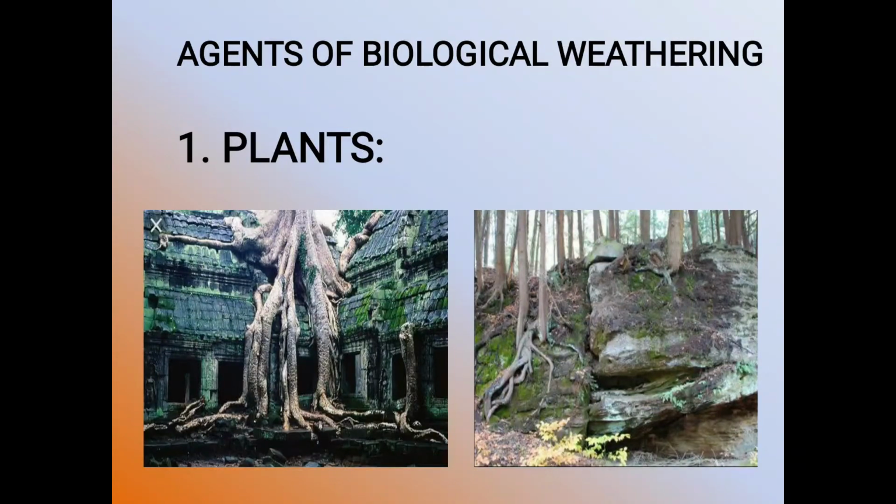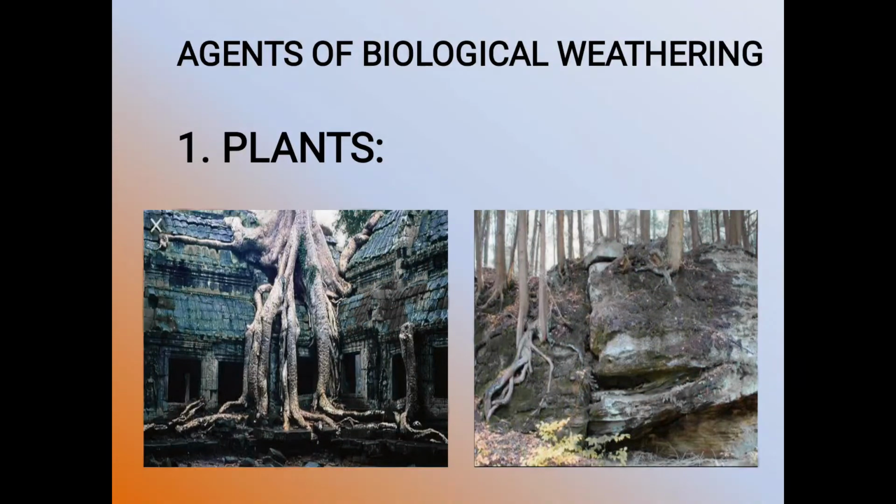Contrary to this, a close mat of vegetation may actually prevent disintegration of rocks, since it binds the surface layer, hinders its removal, holds up water, and prevents the exposure of a surface of fresh rock to the agents of weathering.